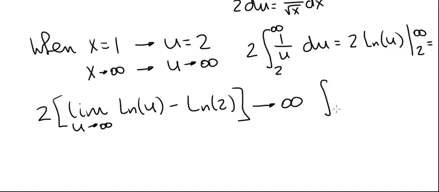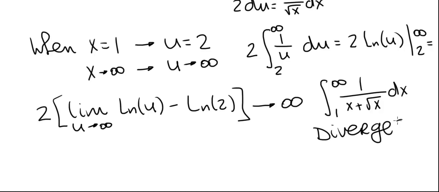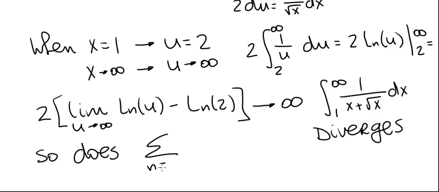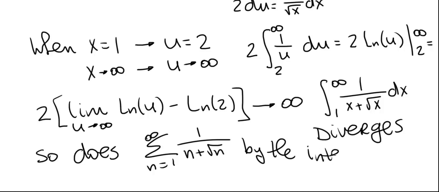So the integral from 1 to infinity of 1 over x plus square root of x diverges. And then by the integral test, so does the series, the sum from 1 to infinity of 1 divided by n plus square root of n. And this is by the integral test.